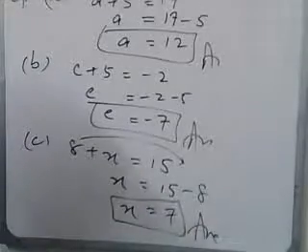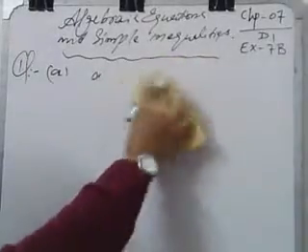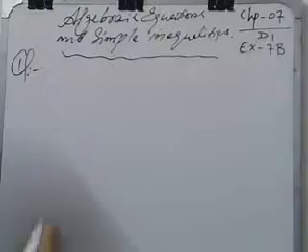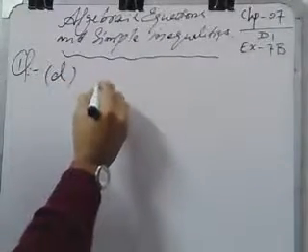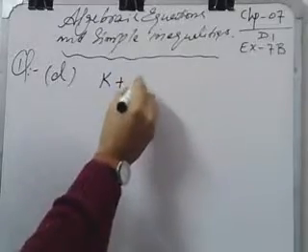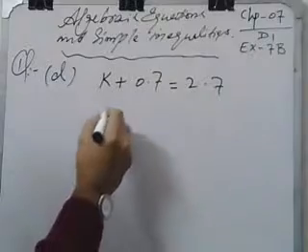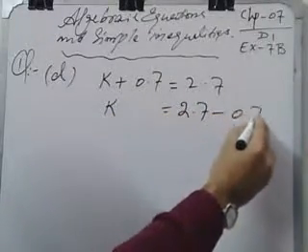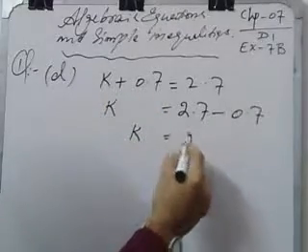Now coming to the next part, that is the D part. K plus 0.7 is equal to 2.7. So by the same methodology, shifting the constant at one side, the sign will be changed, so you will get 2.